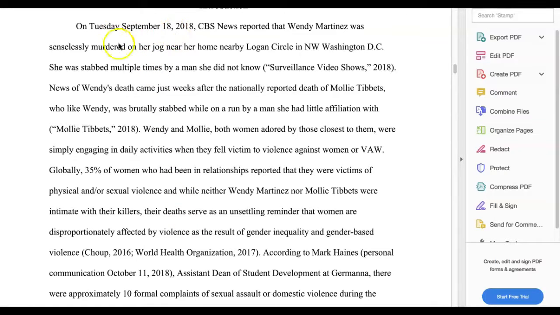really establishes the necessity, the relevancy, the timeliness of her issue, of her problem, by introducing a current news article about something that happened in Washington, D.C. when a student is murdered on a jog near her home, near Logan Circle.